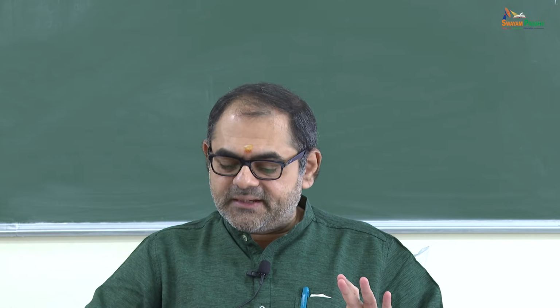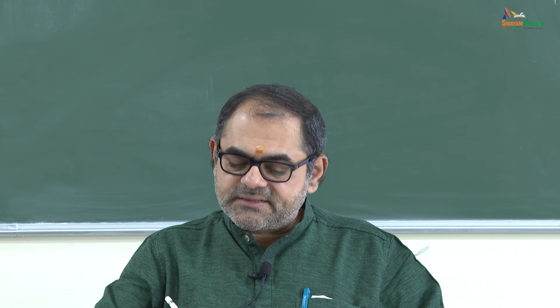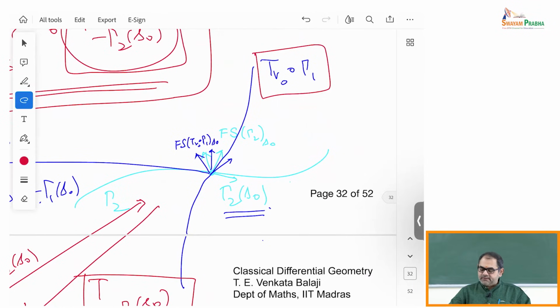See, basically, geometrically the picture is, I have this dark blue curve, which is this TV0 circle gamma 1. Then I have this light blue curve, which is just gamma 2. Okay, and the point is that the dark blue one has the Frenet-Serret frame, and the light blue one also has a Frenet-Serret frame. Both Frenet-Serret frames are based at this common point, which is gamma 2 S0.